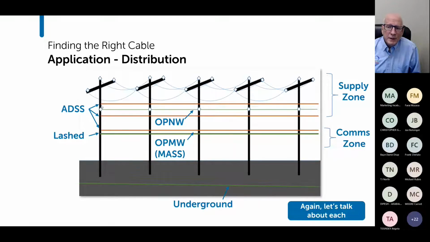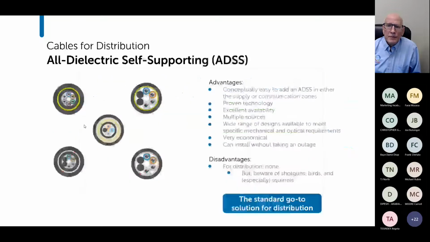So ADSS could be used above that neutral or below that neutral, or it could be used in the communication zone. In the communication zone, you also see lashed cable and optical messenger wire. You could also replace that neutral with an optical neutral wire, and underground is also thrown into the mix. We'll talk about all of these possible solutions.